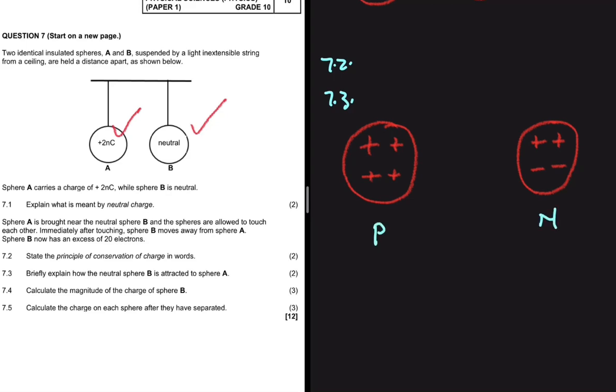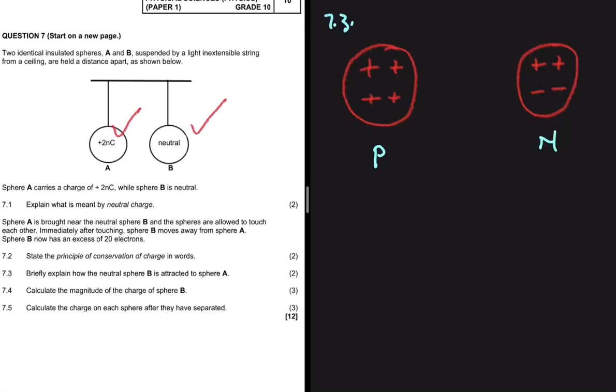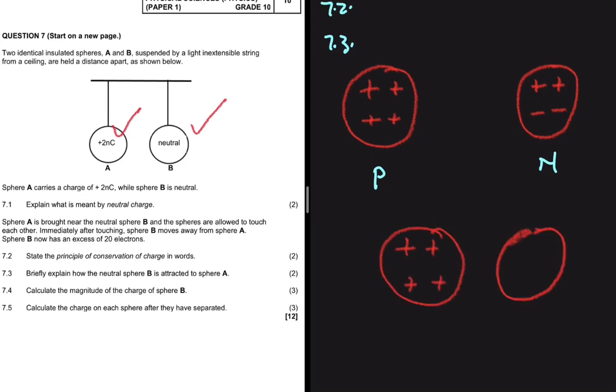What is going to happen when we bring them close to each other? The positive charge will remain as it is. Instead of saying N, let's say neutral, because N can also mean negative. So when you bring a positive charge and a neutral charge together, the electrons on the neutral charge will move closer to the positive charge, while the protons will move further away.